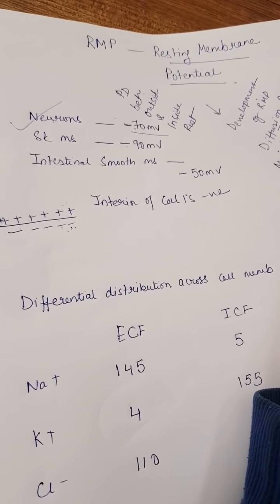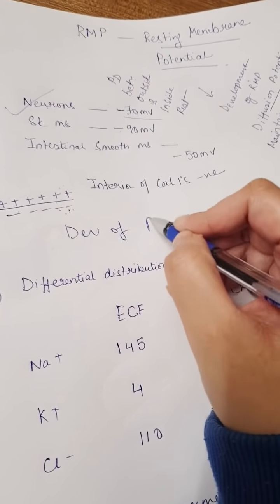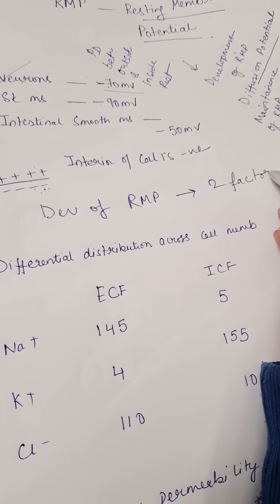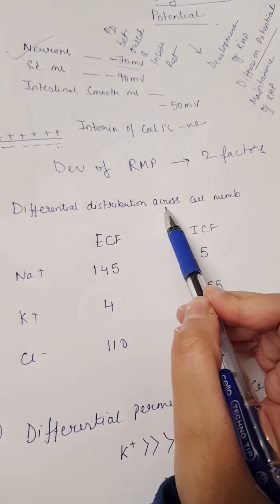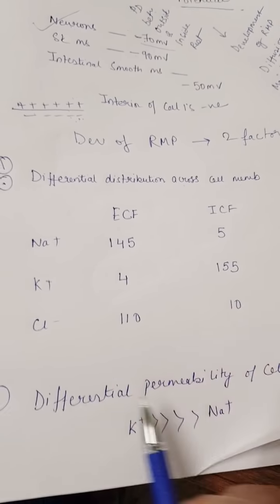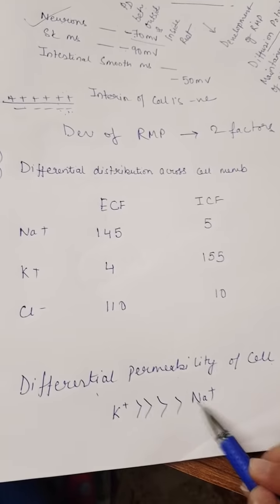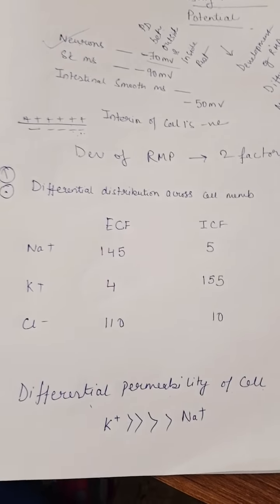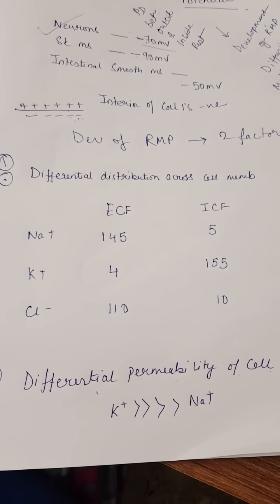This development of RMP depends upon two factors. First is the differential distribution of ions across the cell membrane, and second is differential permeability of the cell to different ions. So first is different distribution of the ions, and second is different permeability of the ions.